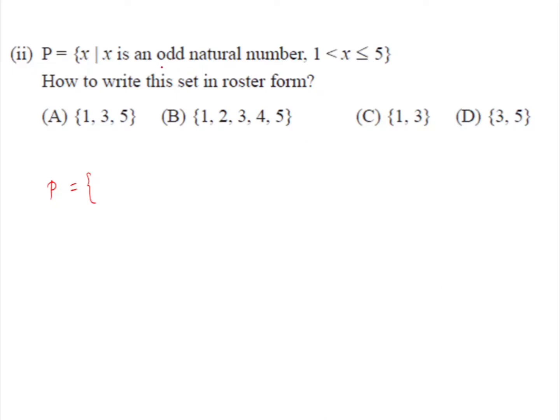We want all the odd numbers. So the first odd number after 1 is 3, and after 3 we have 5, and 5 can be taken because here the condition is given that x is less than or equal to 5. So that's why here 5 is included. So this bracket completes. So we get two elements in this set P, that is 3 and 5, which is given at option D. So option D is the correct alternative.